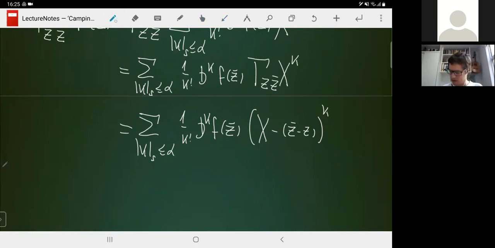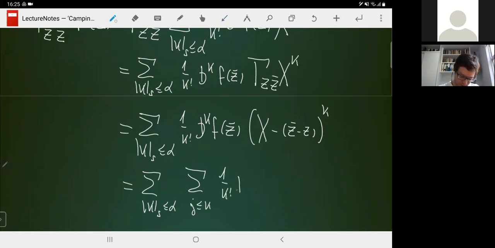So let me copy this better. This is the sum over k less or equal than alpha, then the sum over all j less or equal than k, where less or equal simply means component-wise less or equal, of 1 over k factorial, D^k f of z bar.